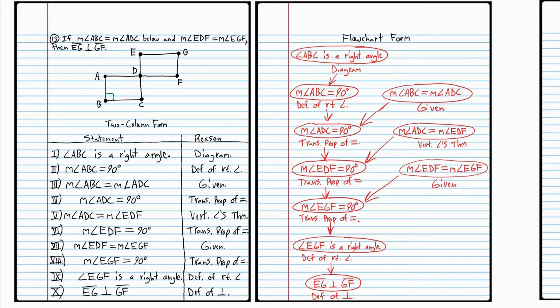So if we know that this angle EDF is 90 degrees, then by the transitive property of equality, this angle must be 90 degrees also. So EGF is 90 degrees, and if it's 90 degrees, by definition, that means it's a right angle. And if it's a right angle, that means that EG is perpendicular to GF. By the definition of perpendicular, that's what it means to be perpendicular.